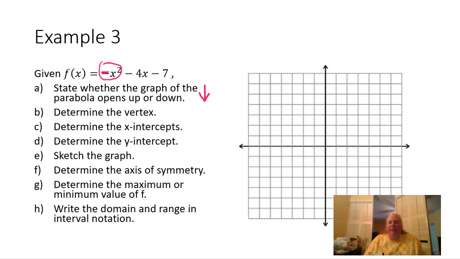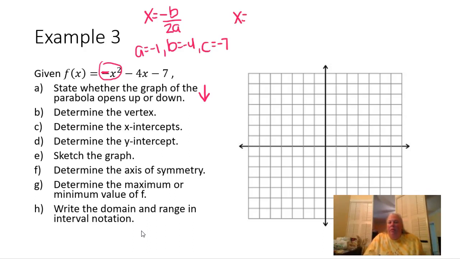Okay, now B is asking for the vertex. We can actually use the shortcut to find the vertex because this problem doesn't ask me to put the original function into vertex form. So the x-coordinate for the vertex is going to be the opposite of b divided by 2a. So a is -1, b is -4, and of course c is -7.